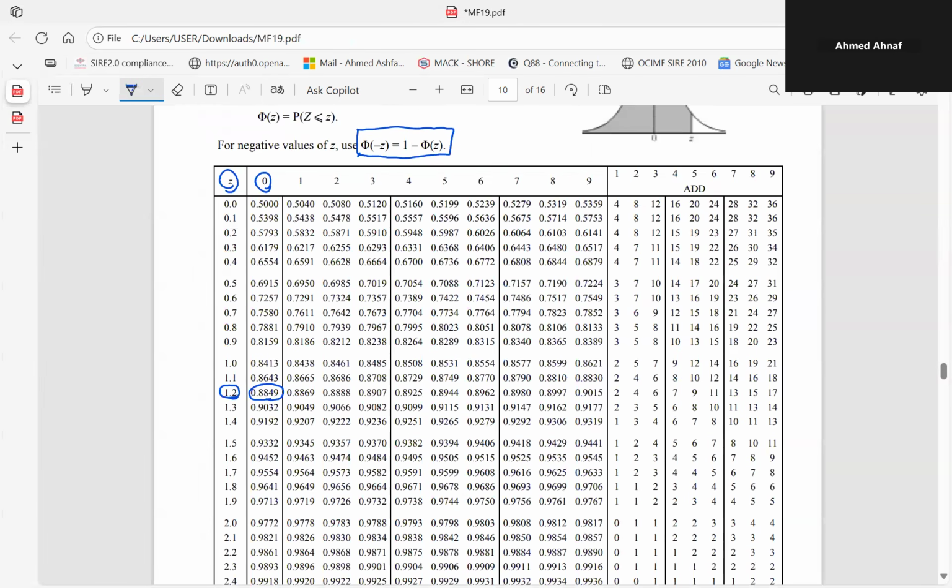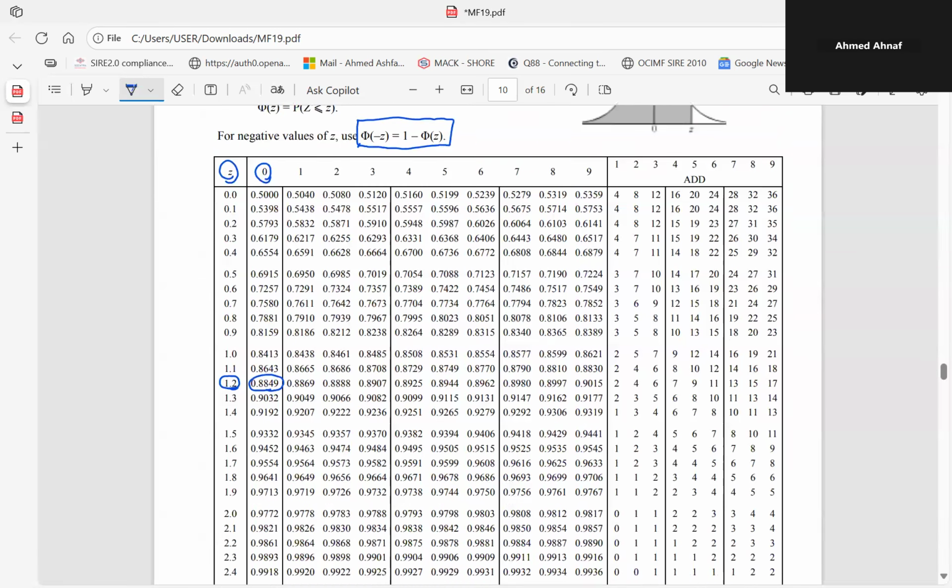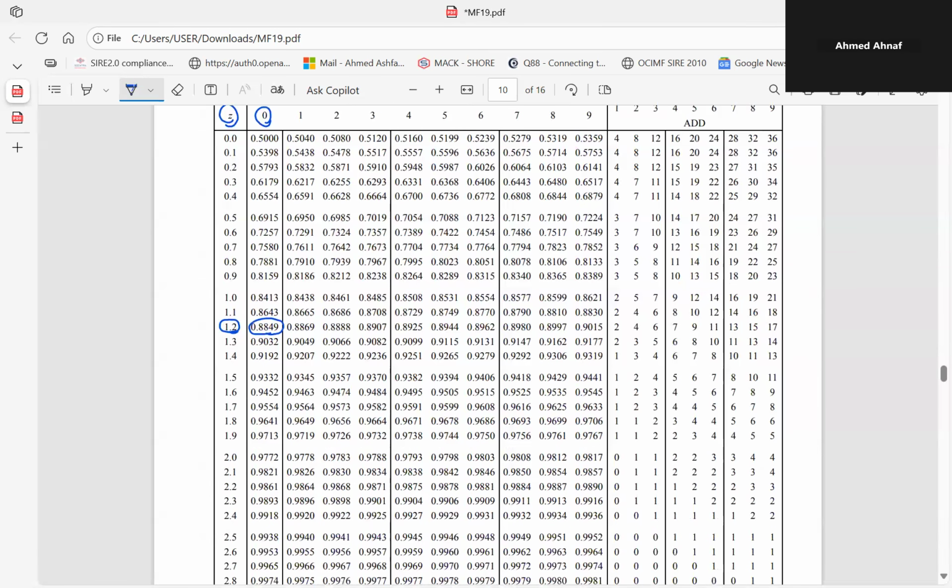So instead of looking at the z column, we'll now look at the phi values. To find 0.75, we'll look for the value that is closest to 0.75 and less than 0.75. In that case, that would be this value.